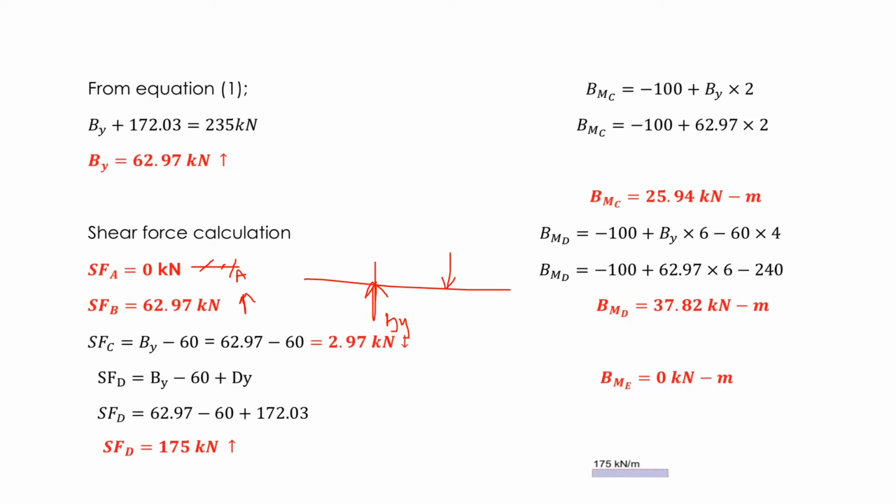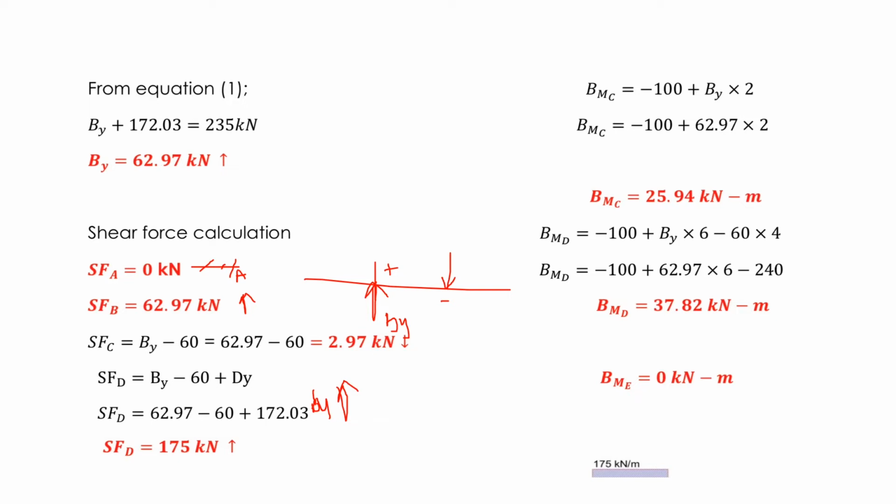Therefore we got 2.97 kN, going downside, and shear force SD is 62.97 minus 60 plus 172.03, Dy going upward. So we got 175 kN.